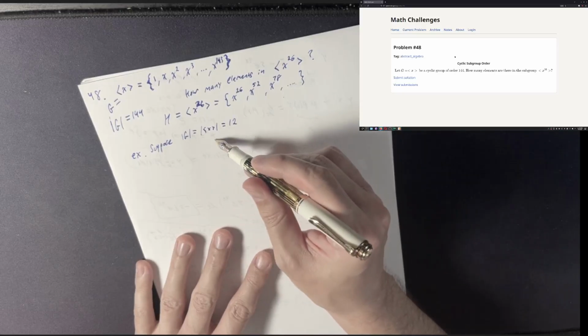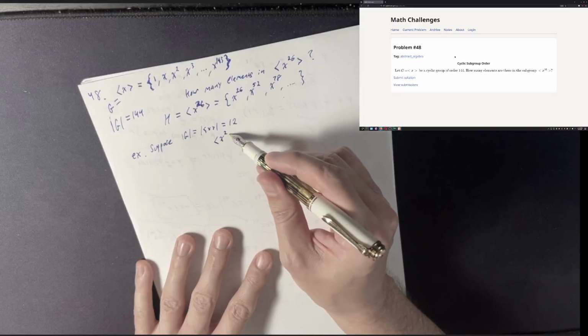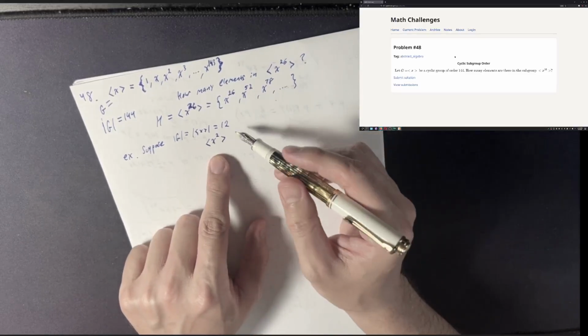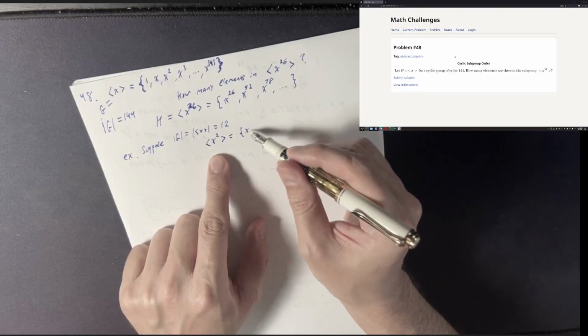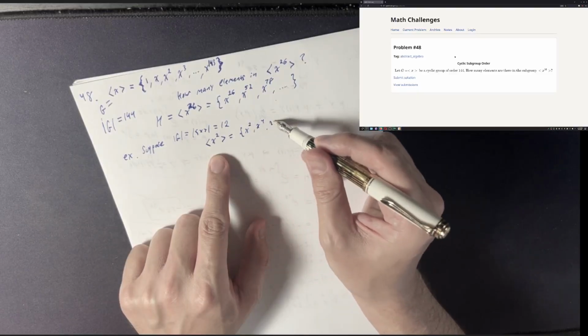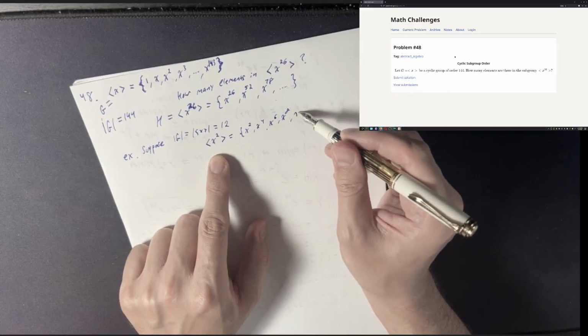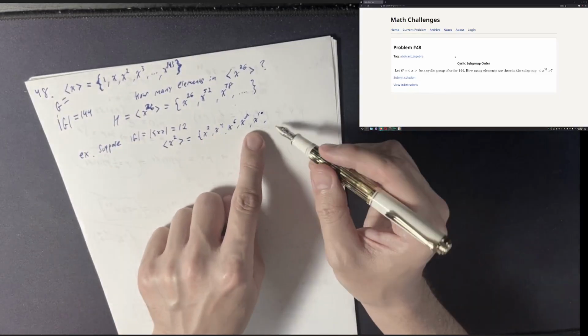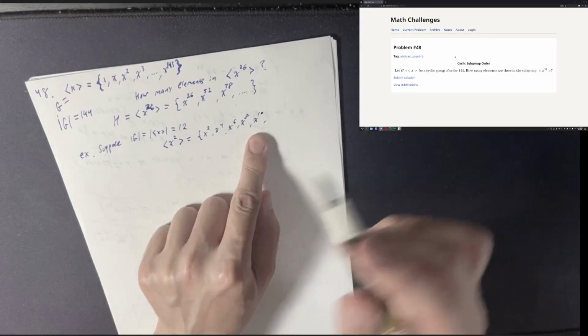If you look at easy ones like x squared, you can kind of tell there's going to be 6 items there, right? It's going to be x squared, x to the 4, 6, 8, 10, and then the 6th one is the last one, then it starts over again.